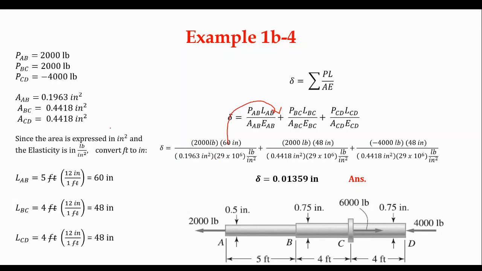The area solved earlier is multiplied by the elasticity. As you can see, the force cancels and the inch squared cancels, so what remains is the unit of length. The deformation has the unit of length, whether it is inches, millimeters or meters; the resulting unit must be a unit of length.